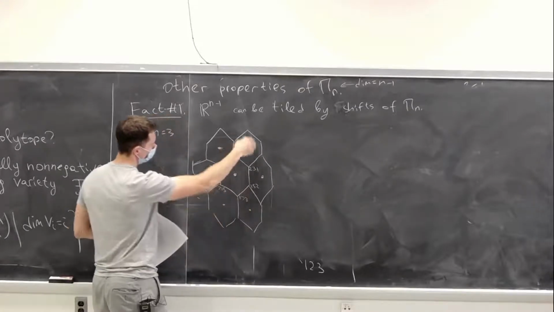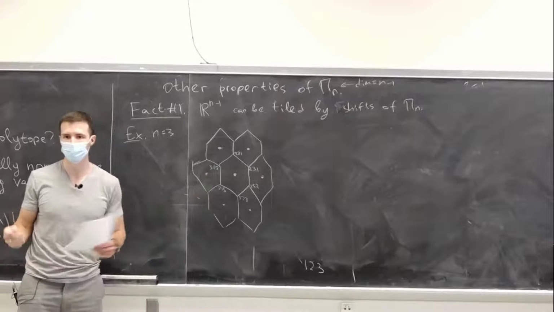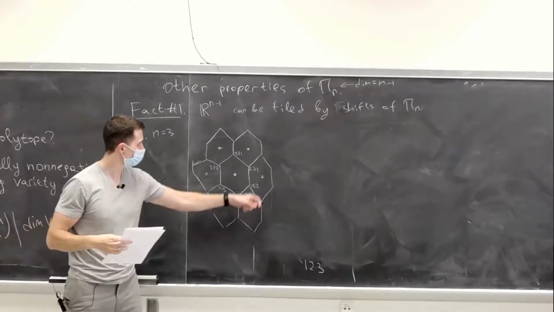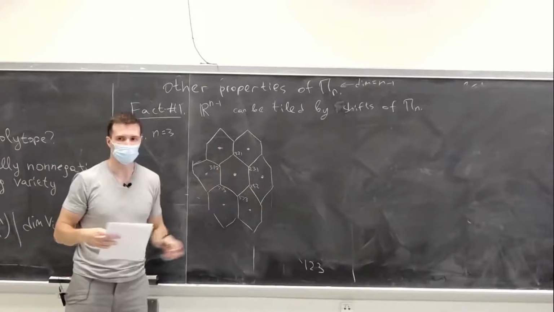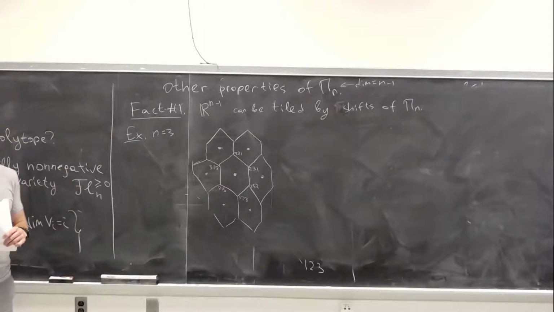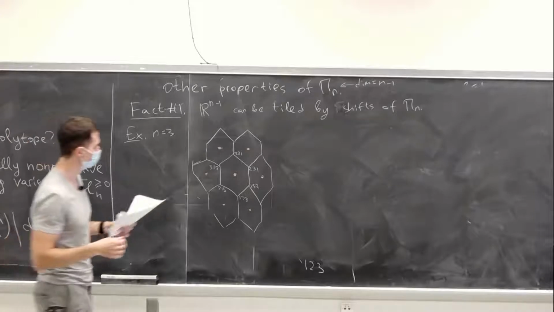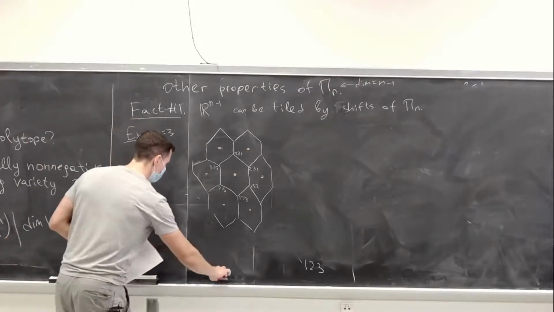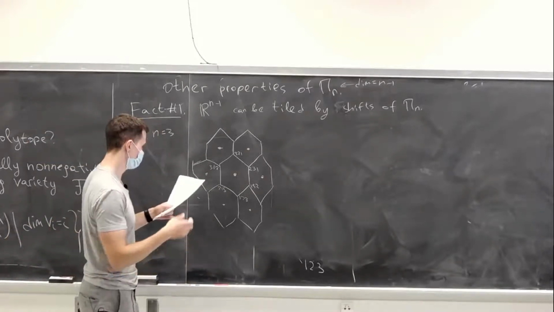I have to shift each copy of the permutohedron by some vector. How do I write down the coordinates of these vectors? That's actually pretty non-trivial to figure out in n dimensions. So let me just tell you the answer.